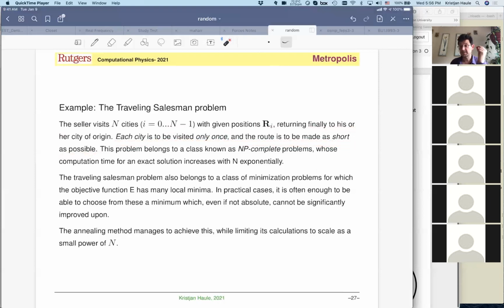Here the ultimate goal is to use as little gasoline as possible, because you want to find the shortest possible path. So this problem, of course, belongs to NP complete problems. Computation time increases exponentially with n, and simulated annealing is like a perfect method for that. So this is the problem that we're going to solve.